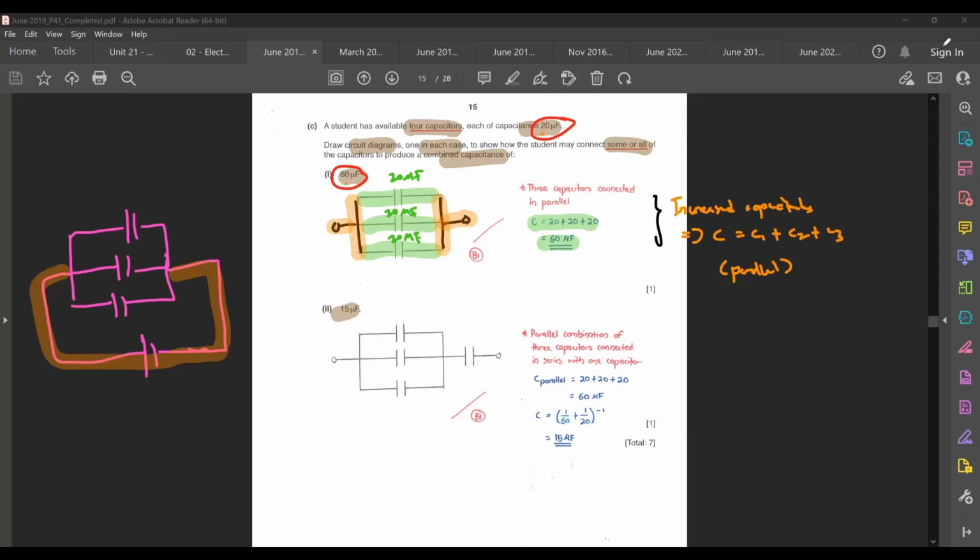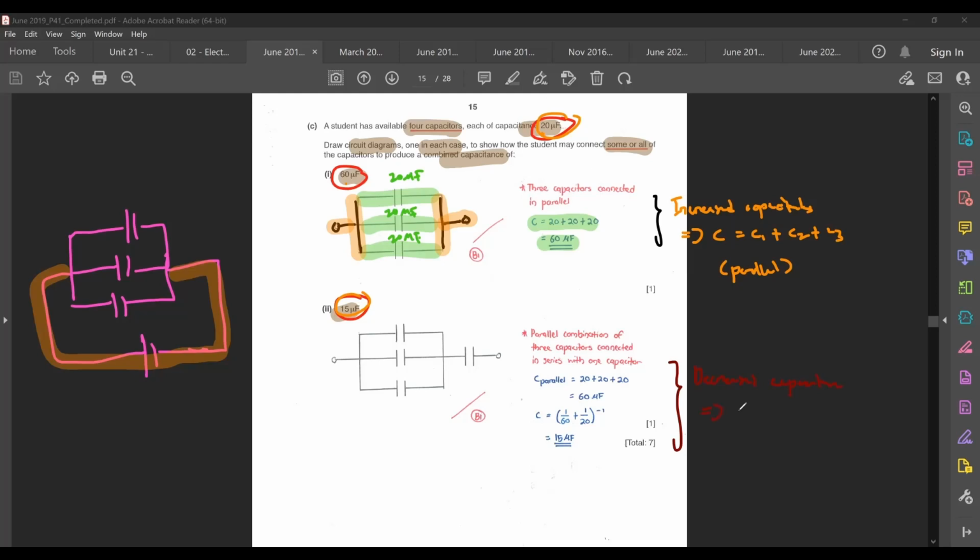Okay, and then the next one, you want to get a total capacitance of 15 microfarad. So how would you actually go and combine them? You will notice here that you are starting from 20 microfarad, and now you somehow want a decrease in capacitance.